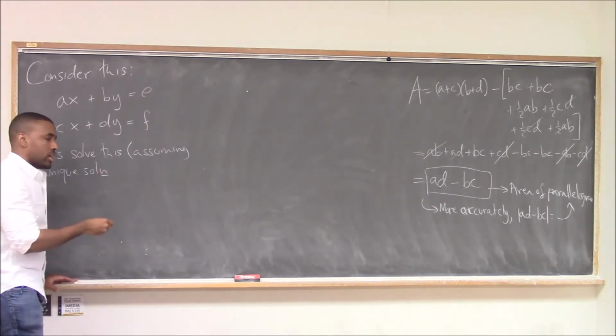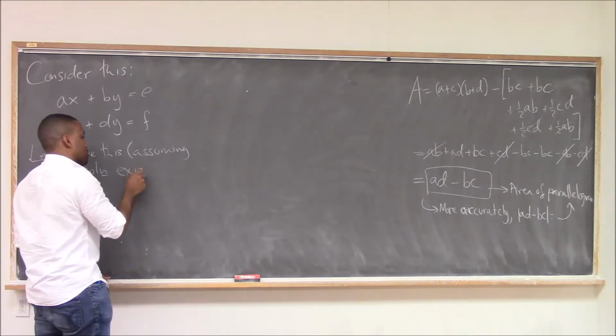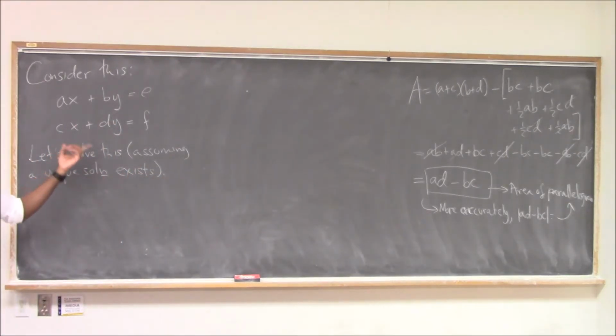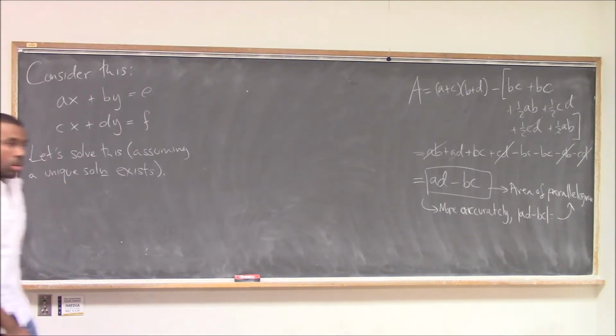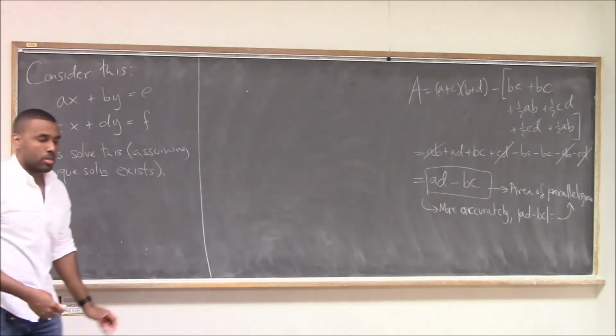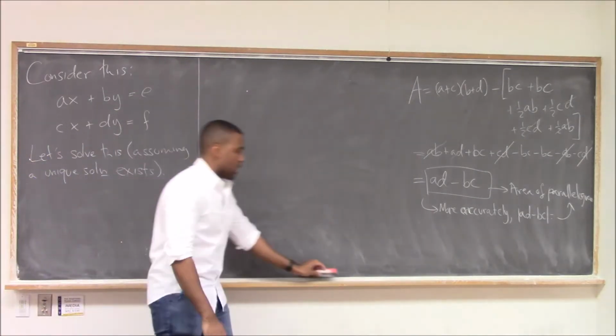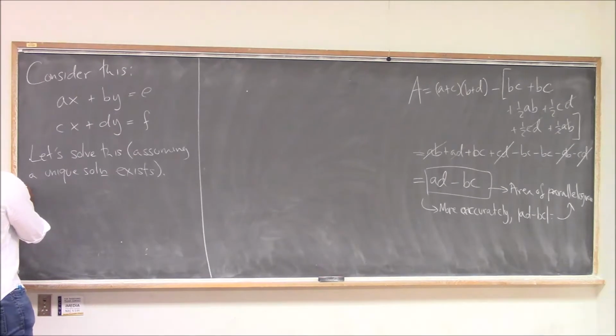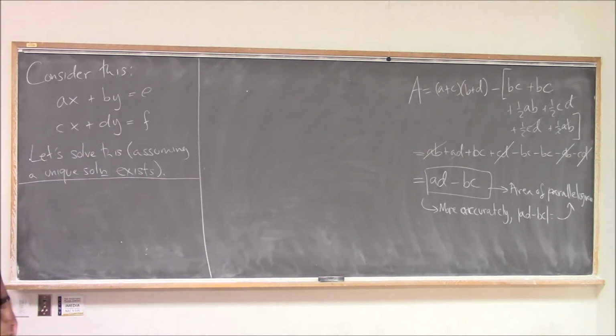We'll generalize the other cases soon. When a unique solution exists, it will be obvious from trying to solve this. I'm not going to use row reduction, even though we could. I want to use elimination. It's just a 2x2, so let's not bother with row reduction.